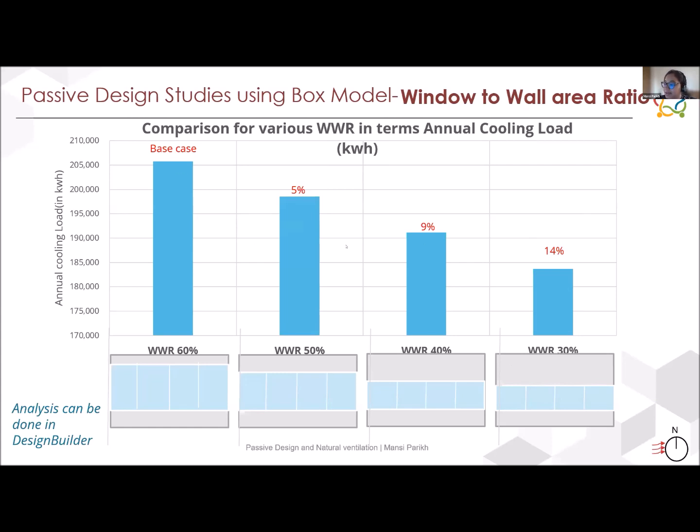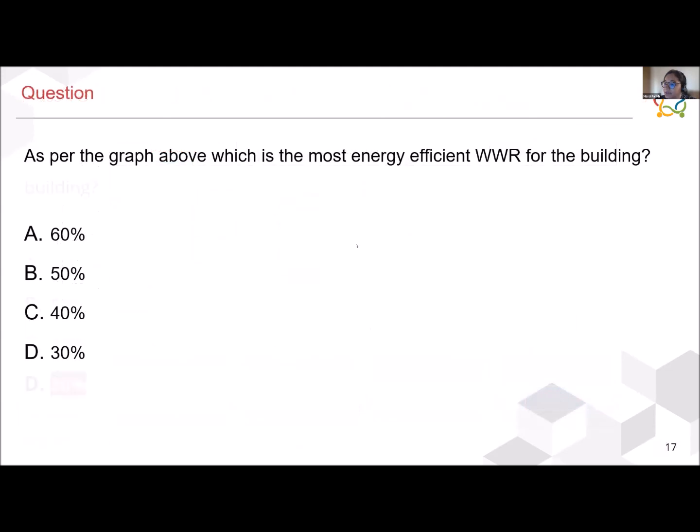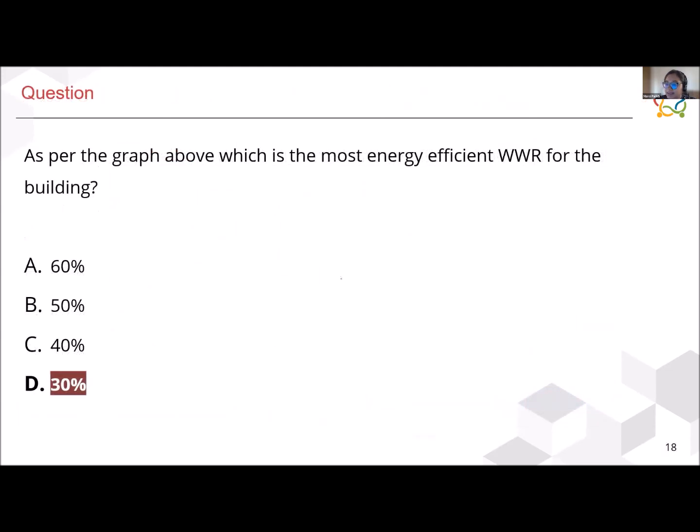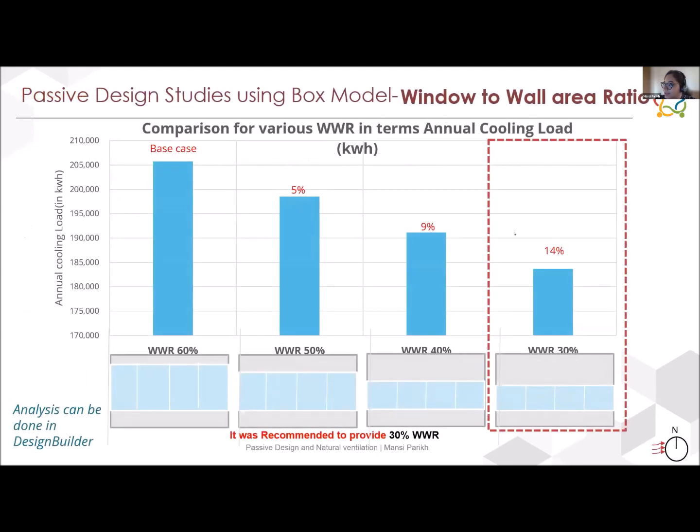You could see that in this particular case it is reducing the annual cooling load, and in turn reduces the overall energy consumption by roughly around 14%. So we recommended 30% window to wall area ratio to a client.